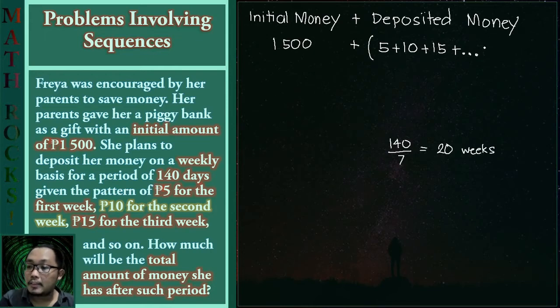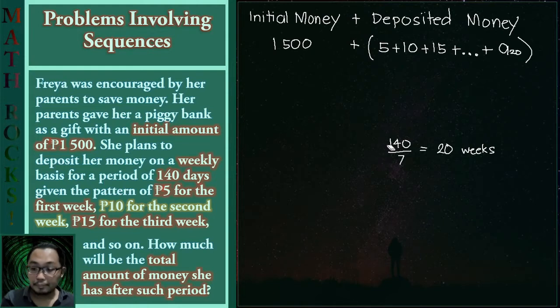That means that there would be 20 numbers here, and this actually shows an arithmetic series because the numbers form an arithmetic sequence, and we need to come up with the sum of all those numbers. Then it becomes an arithmetic series, and the last term would be the 20th term.